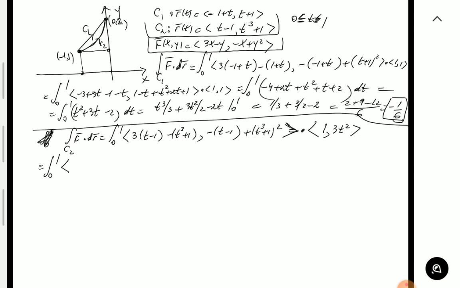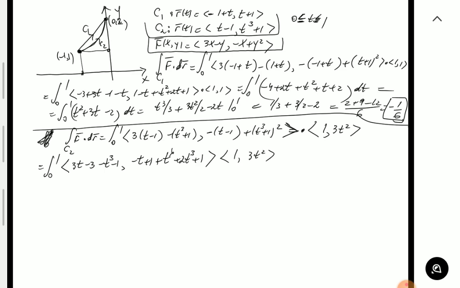Alright, so let's simplify this a little bit. Bunch of power rules, so 3t minus 3 minus t cubed minus 1, minus t plus 1. We have to square that term. t to the 6, 2t cubed plus 1. And then dot with 1 and 3t squared. This might be a little bit tedious actually.